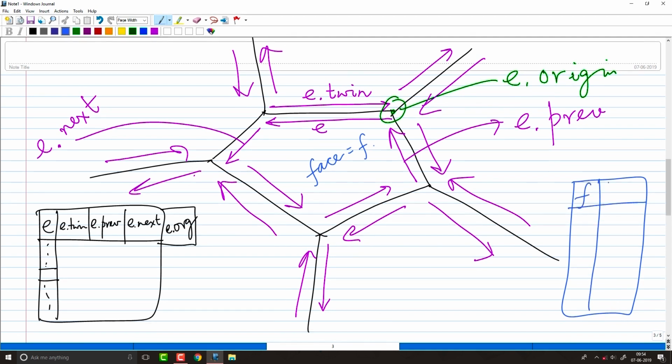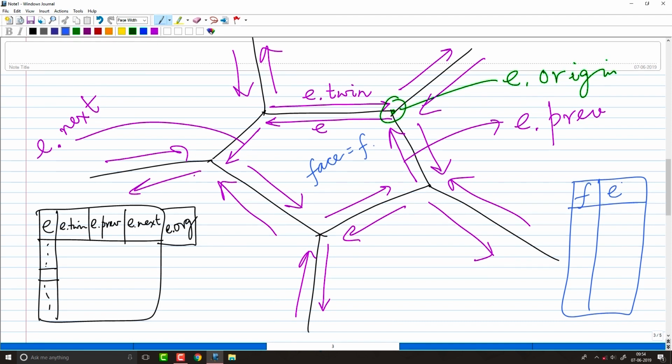For a face I would keep just one edge. So, this edge E.